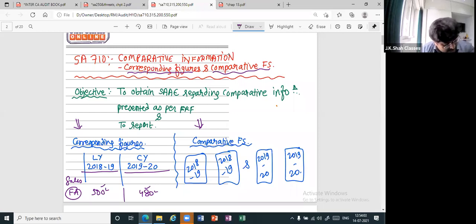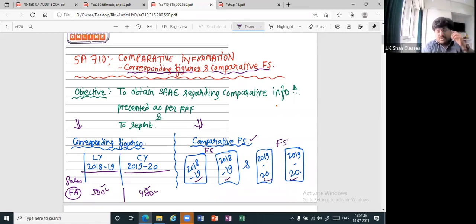Now, what are comparative financial statements? Comparative financial statements means the company is giving you entire financial statements of the previous and the current year. It means they are not giving you columnar information. What they are giving you is financial statements of the year 1819, assume, and financial statements of the year 1920.